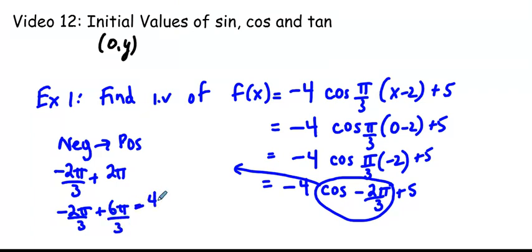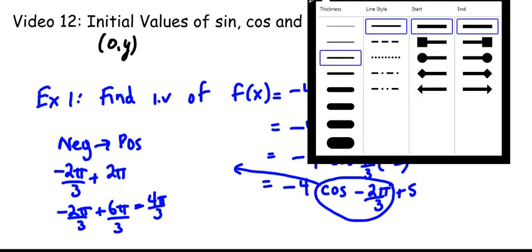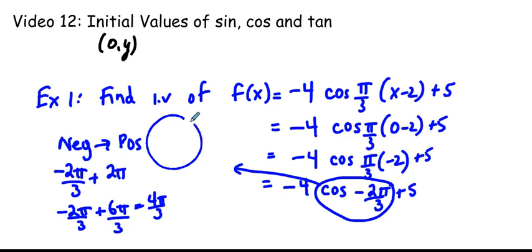So this is actually the same as 4 pi over 3. I'm trying to avoid using a calculator. So the cosine of -2 pi over 3 is the same as the cosine of 4 pi over 3. 4 pi over 3 is somewhere here, right? That's 1, 2, 3, 4, 5, and 6. So this would be 4 pi over 3.